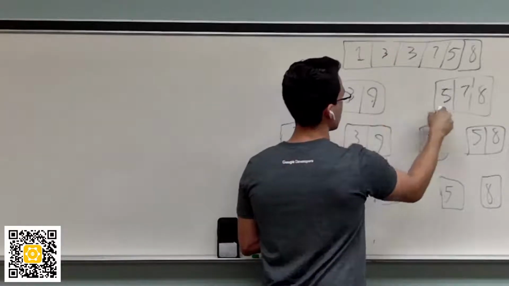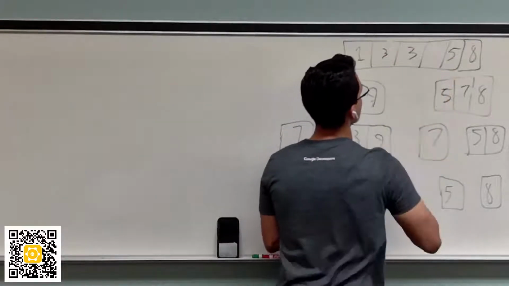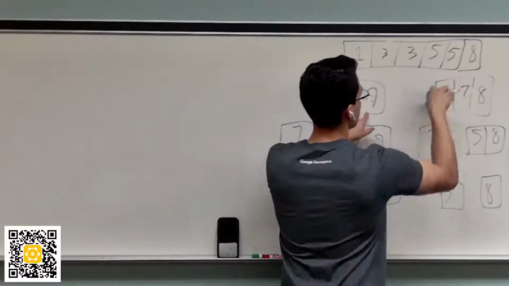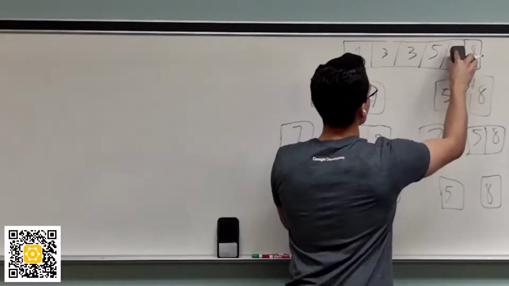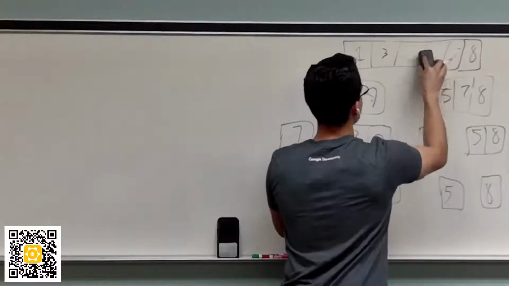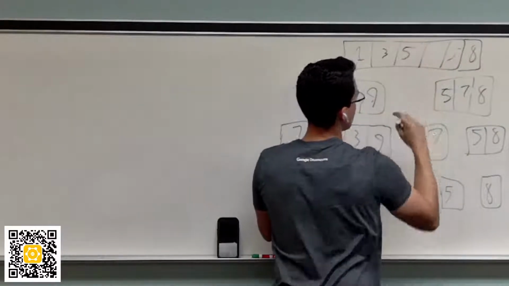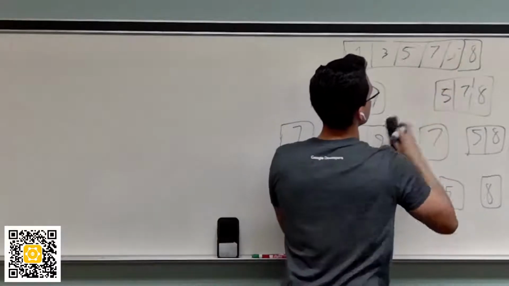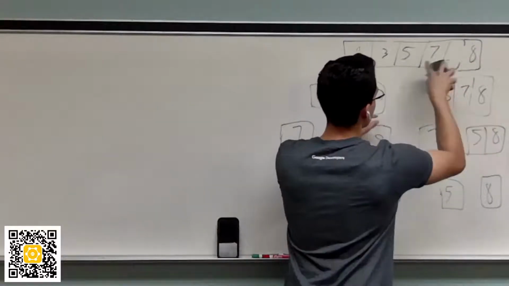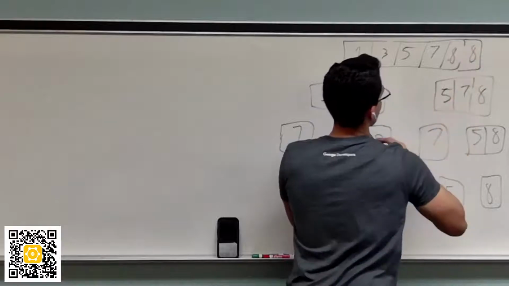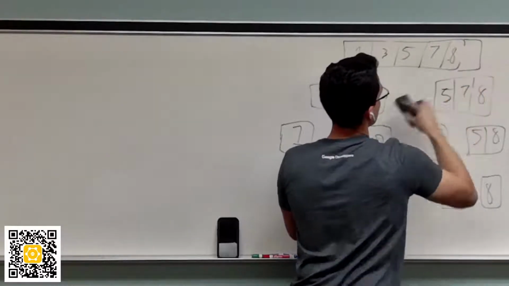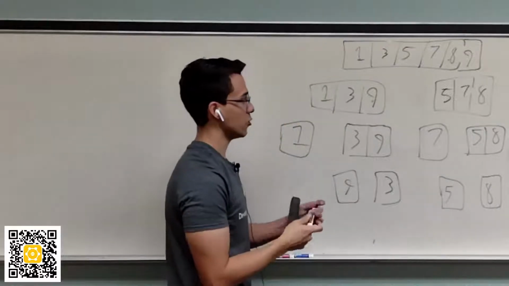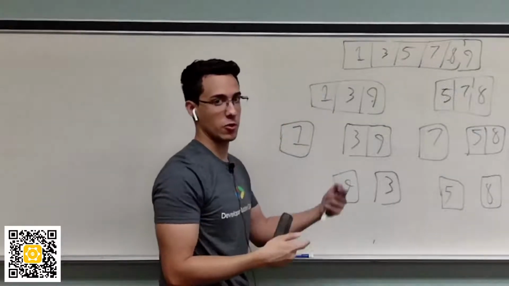And here, the smallest one is 5. Then 7, 8, and then the last one is 9. I didn't do it exactly like I did before, but just refer back to that video.